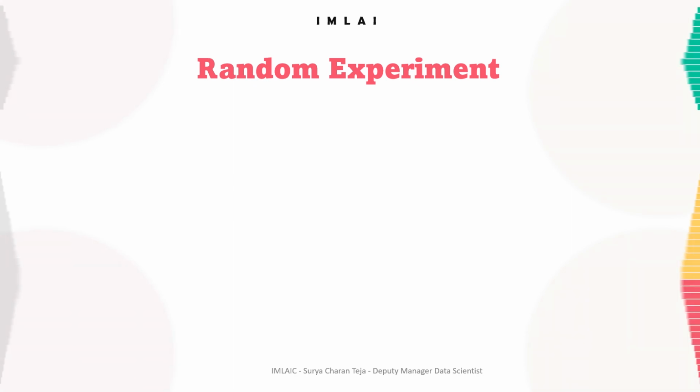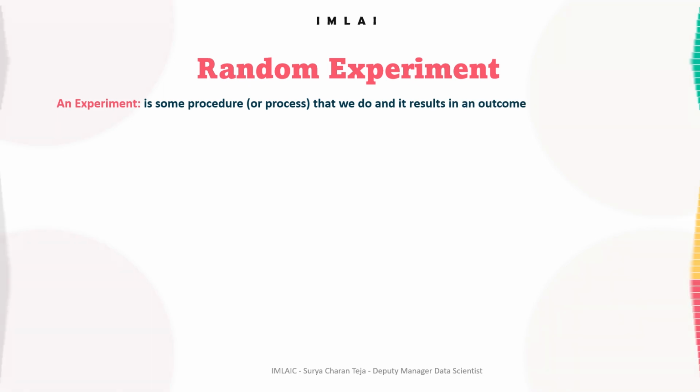But before I make you understand about a random experiment, I would like you to know about experiment first. So first we'll see what is an experiment. An experiment is a scientific method that involves the systematic and controlled manipulation of one or more independent variables to observe their effect on a dependent variable.